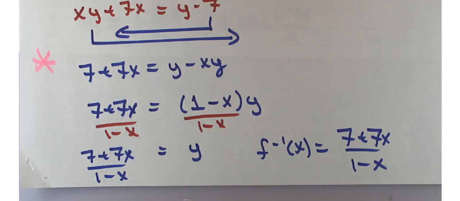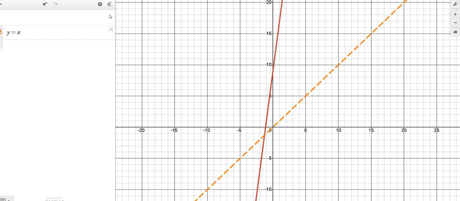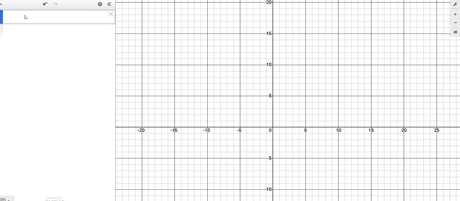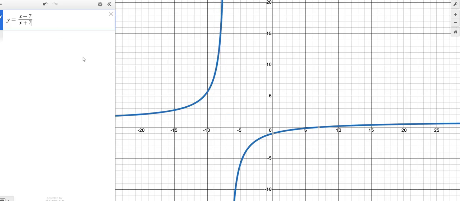If you're doing this at home, maybe it's part of your homework, and you want to make sure you got this right because you hate typing this into WebAssign, what you could do is first of all graph the function y equals x minus 7, and then highlight this, hit the divide key over x plus 7. So that's my function.